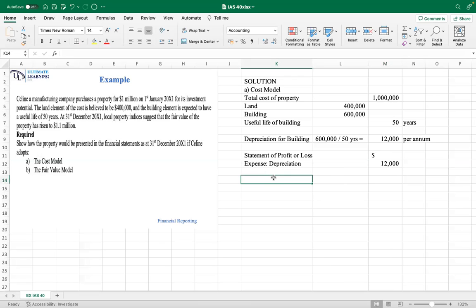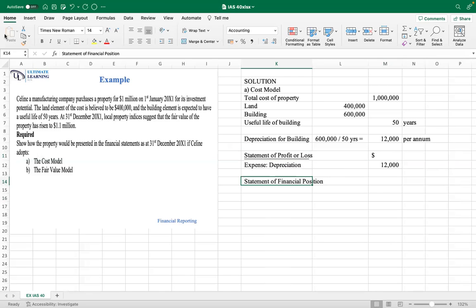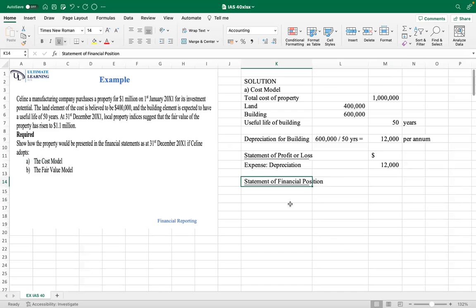And there is what we call the statement of financial position. So we have our P and L, and we have our statement of financial position.